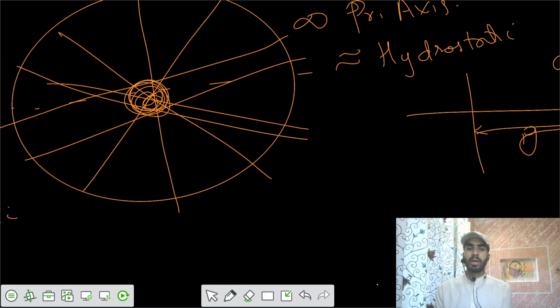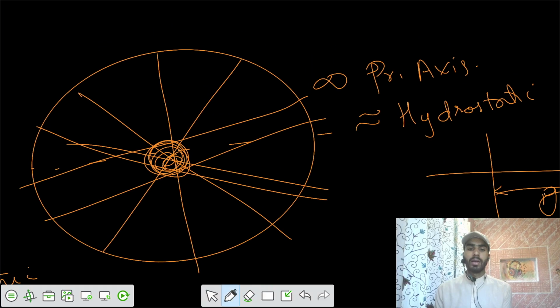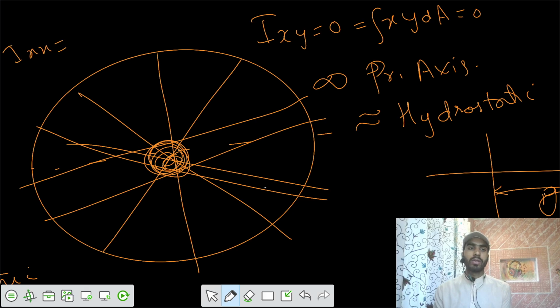Similarly, we have all principal axes here in the case of a circle. So the integral xy dA, the product of inertia, is 0, and we have Ixx equals Iyy, which equals pi d to the power 4 by 64.